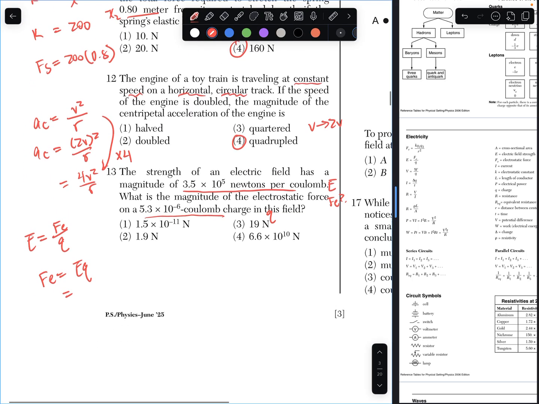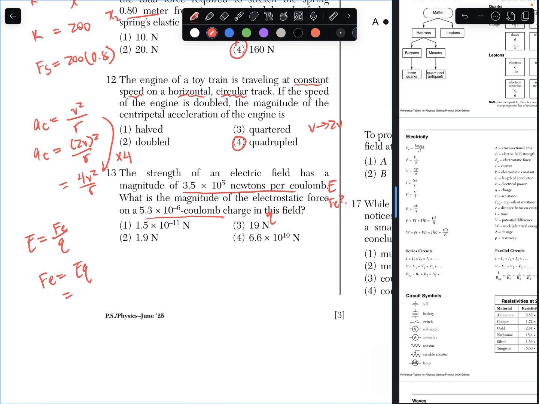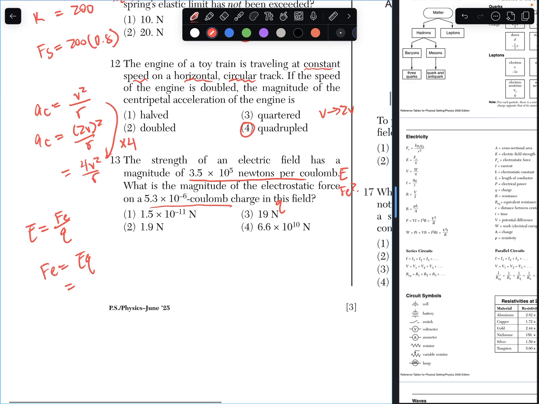And for these, I would like to use something called the double E notation on your calculator. It makes typing things a little bit easier. So E is going to be 3.5, and I'm going to use the double E function on the calculator. This here is 3.5 times 10 to the 5th power, that's just scientific notation. It makes it a little bit easier to type in on the calculator. Then you just type in E5.